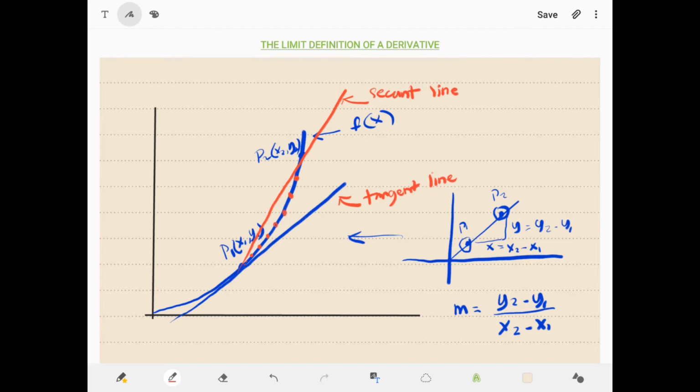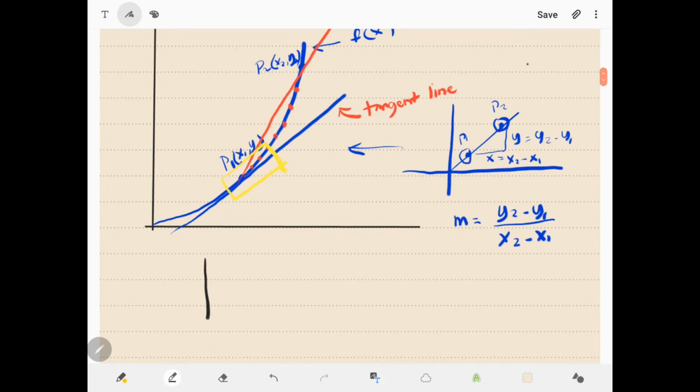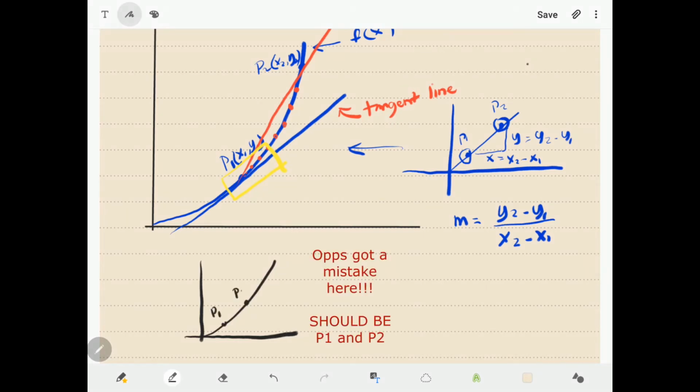Let's exaggerate this part. Our P2 is very close to P1. If we draw a line from P1 to P2, we get the second line here. It's almost the same as the tangent line of P1. So that's the method here.